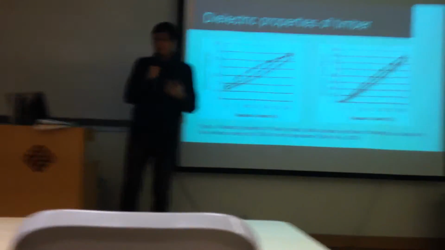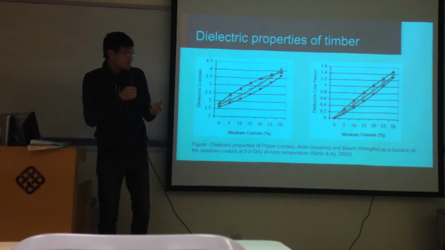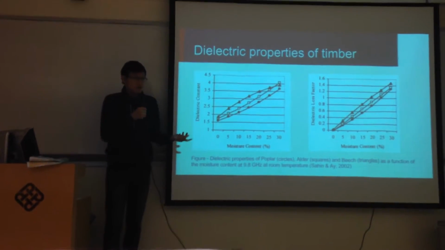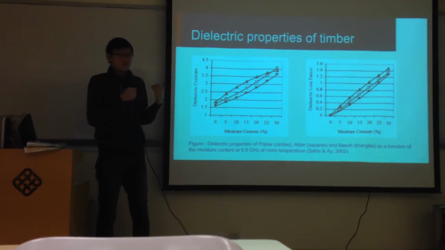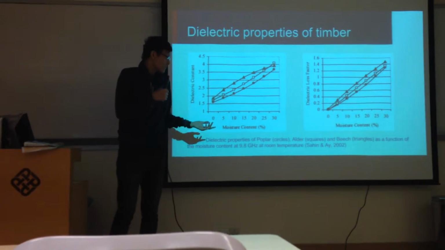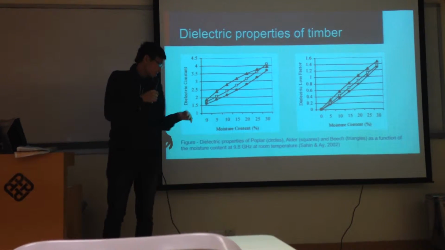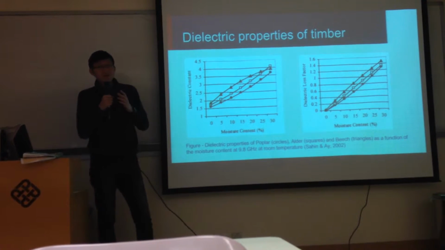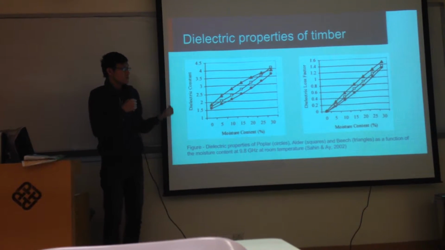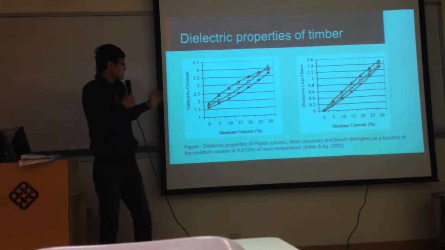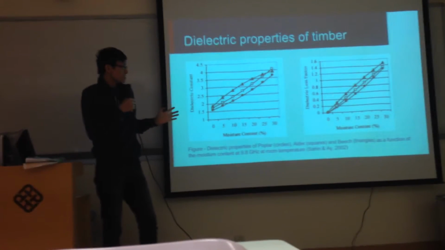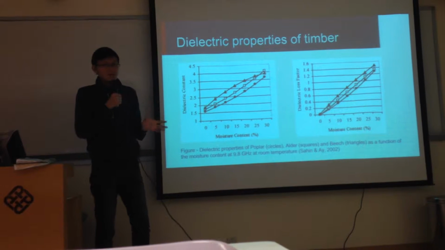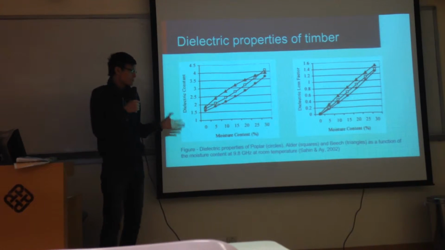And here comes the dielectric properties of timber. Some scholars conducted experiments to measure the dielectric properties of three kinds of timber at microwave frequency. And parts of the results are summarized in these two figures. You can see that the dielectric constant is actually positively correlated with the moisture content.